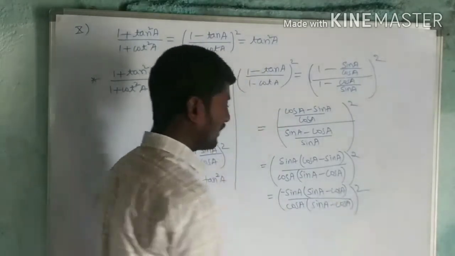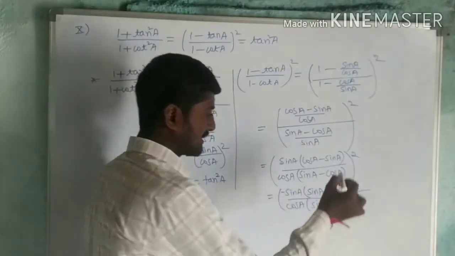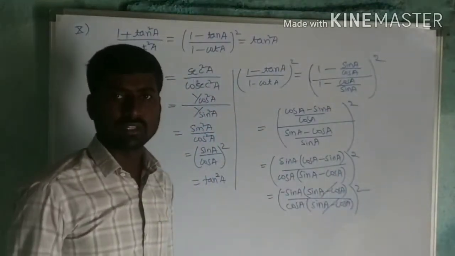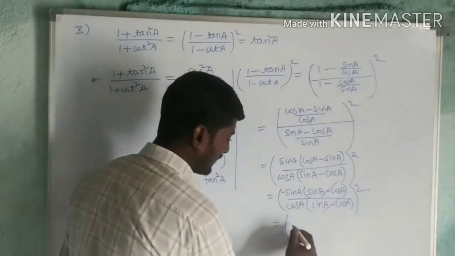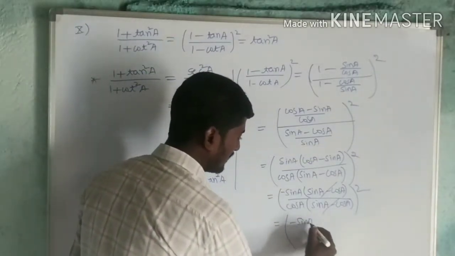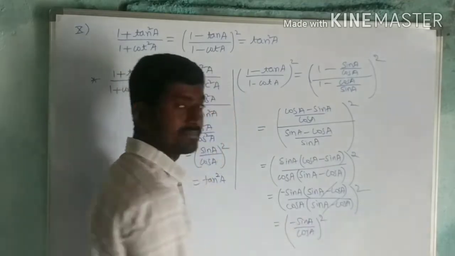Then whole square. Now these two terms will get cancelled. Sin A minus cos A, sin A minus cos A get cancelled. Now remaining is minus sin A divided by cos A whole square.